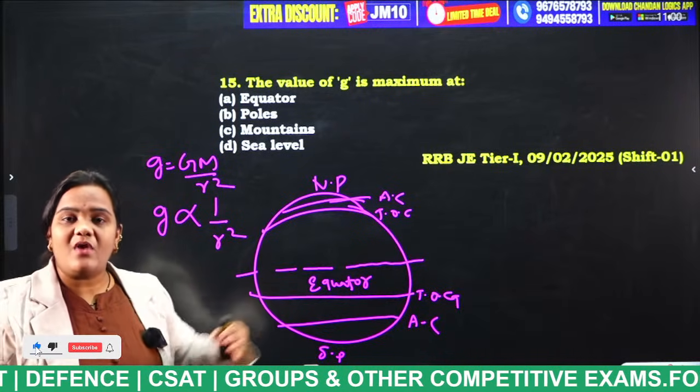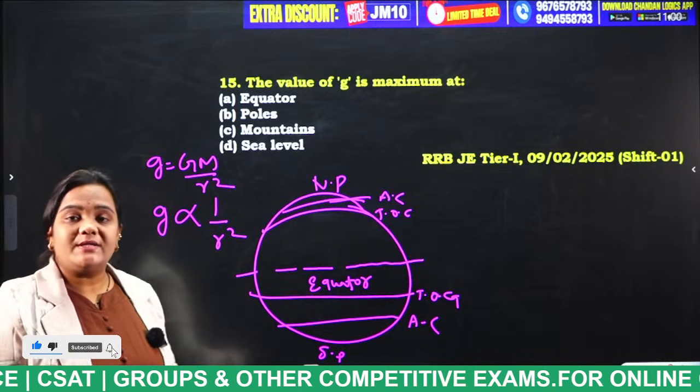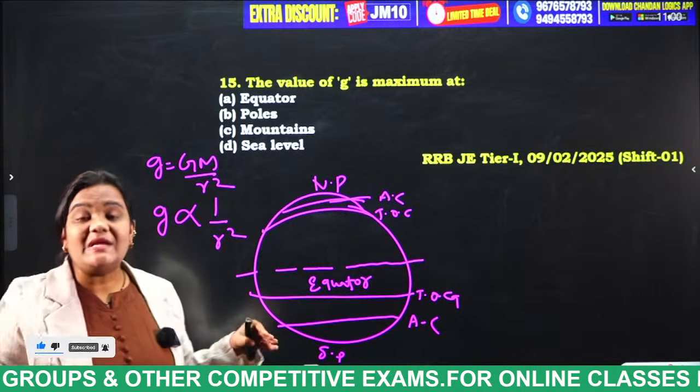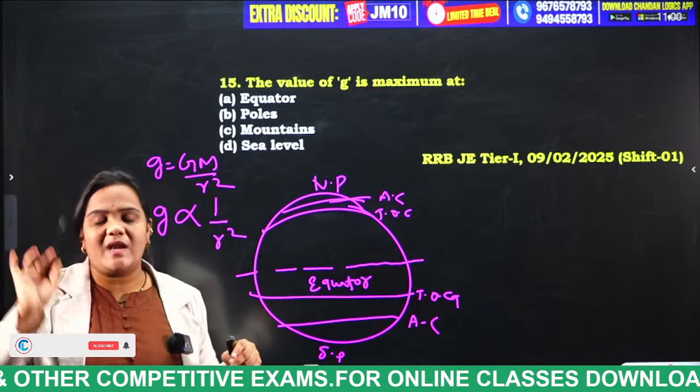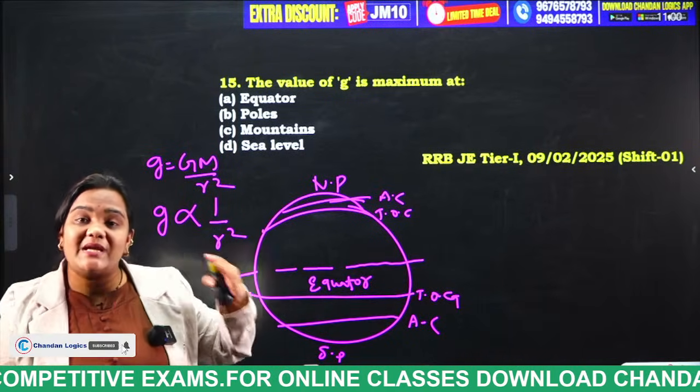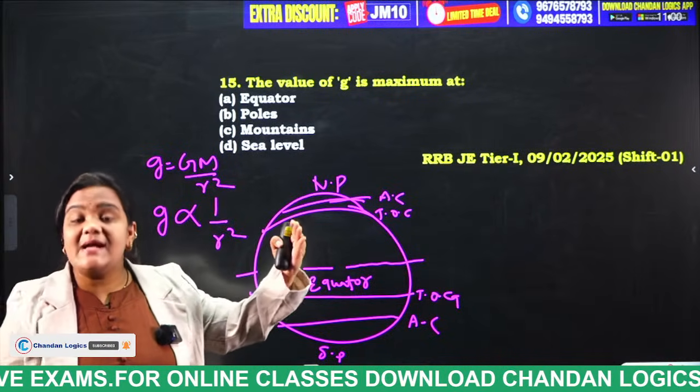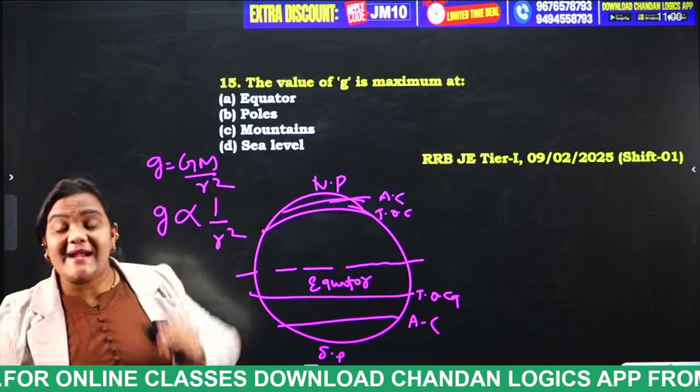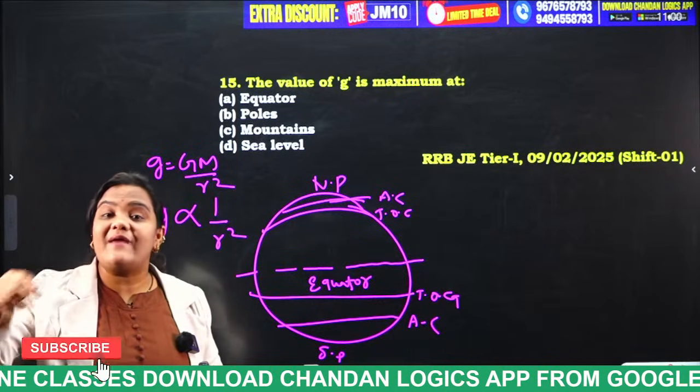That means acceleration due to gravity is inversely proportional to the square of the radius. So from that formula we came to the conclusion that if the acceleration due to gravity increases, radius decreases. If the radius decreases, acceleration due to gravity increases.